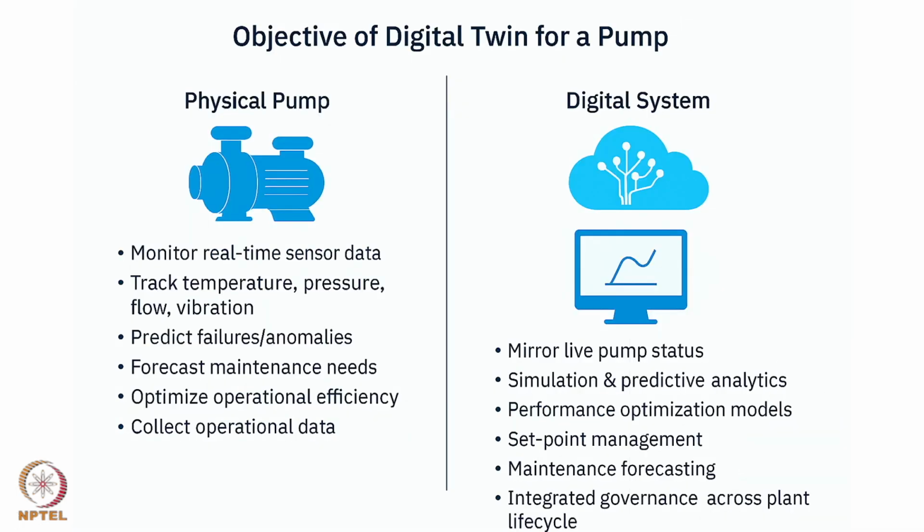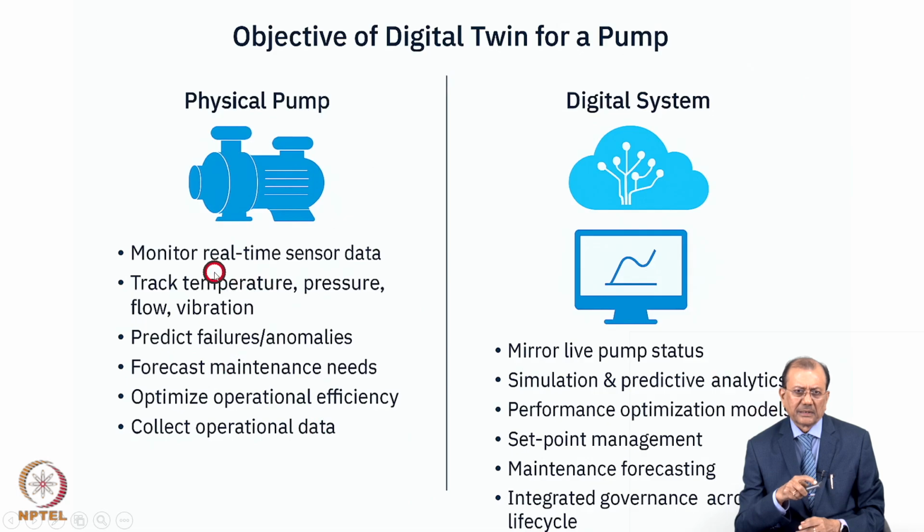You are seeing over here an example of a physical pump, on the left hand side, for which we would like to develop a digital system giving services to this physical pump. Sometimes we like to monitor on a real time basis. We want to track the temperature, pressure, etc. If there is an anomaly in the pump, we also want to fix the anomaly remotely.